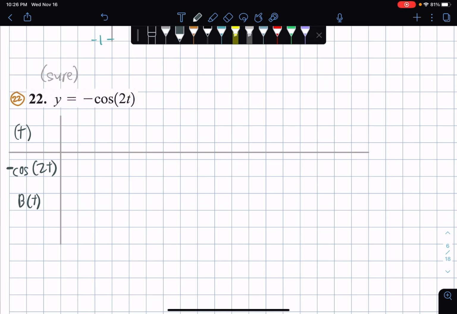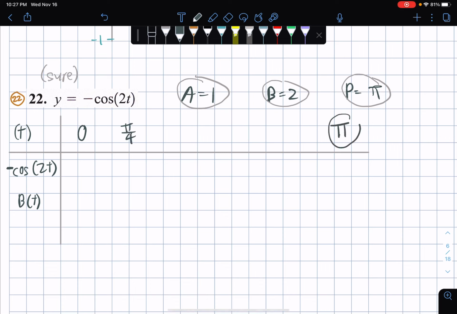Okay, so the amplitude is 1. The b value is 2. Therefore, the period is 2 pi over 2, which is basically pi. Based on what you may have guessed, the values still remain the same as for number 21.